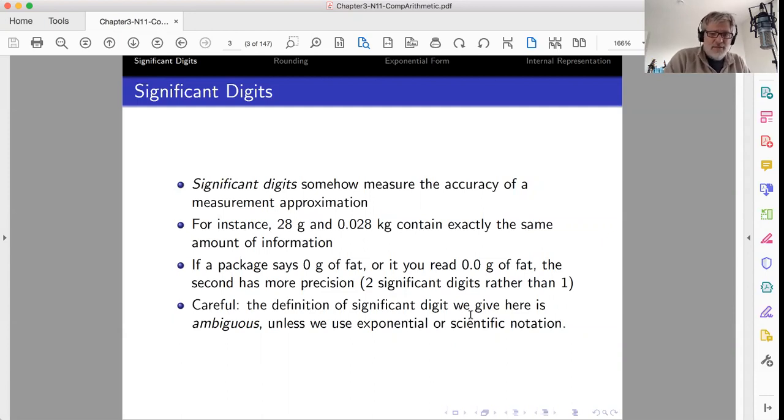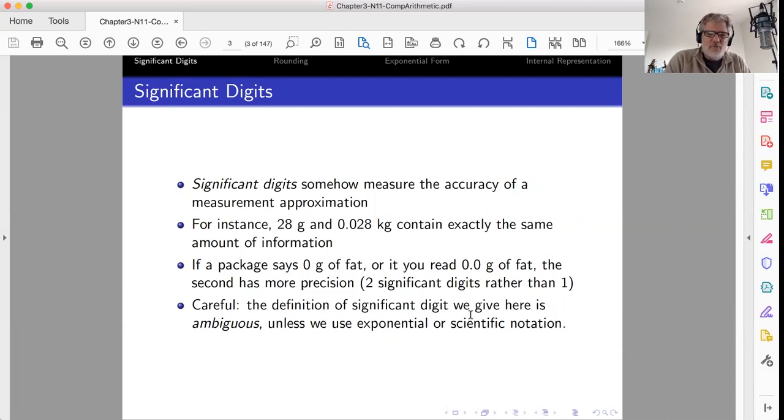On the other hand, if you're buying something that says it contains 0 grams of fat, or it says that it contains 0.0 grams of fat, intuitively you feel that 0.0 gives you more information. If it says 0 grams of fat, there's a chance that it's actually 0.99999 grams of fat.